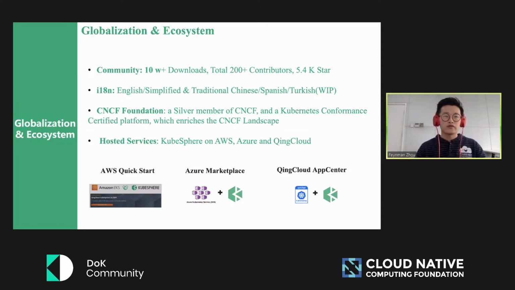So far, we have 3 hosted services powered by 3 different cloud providers. You know, AWS with AWS Quick Start to provide Amazon EKS integrated with KubeSphere, and KubeSphere on Azure Marketplace integrated with Azure Kubernetes Service. And the third one is QingCloud App Center, which is powered by our company, QingCloud.